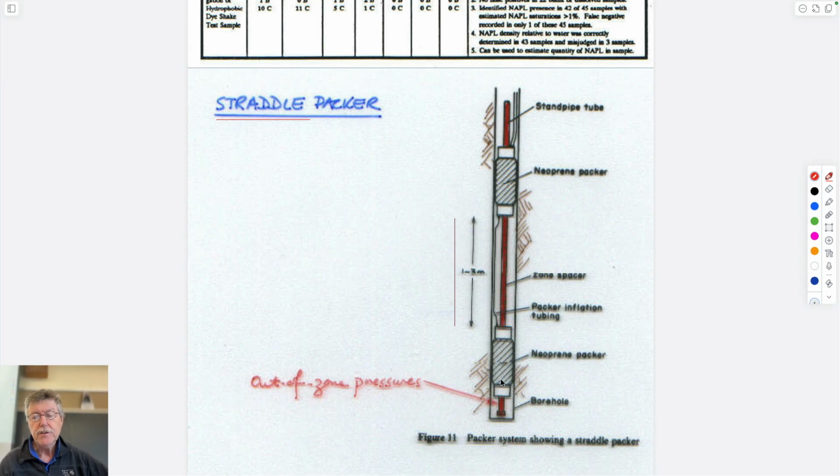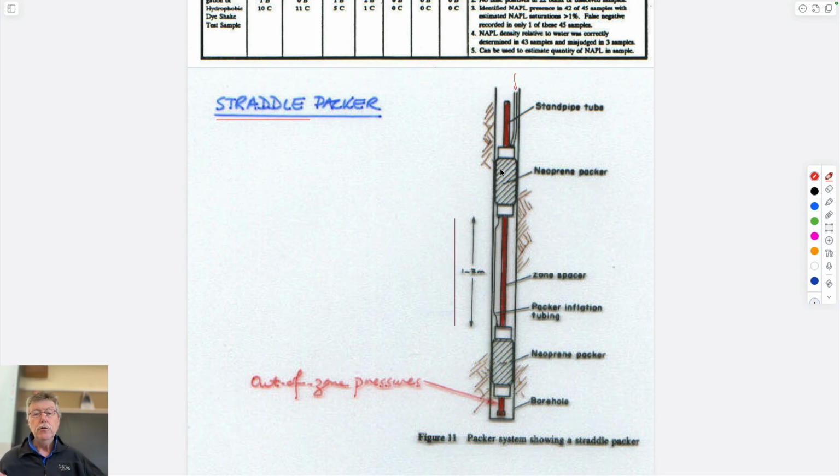And so this neoprene sheathing has gas lines attached to them, one going to the top one, a nitrogen line to the surface, to a nitrogen tank, and one to the bottom. They're not tight within the borehole because you can still get this tool down to the bottom. And then once you get it to the depth you want, you just turn on the tap up here, and put nitrogen into each of these packers.